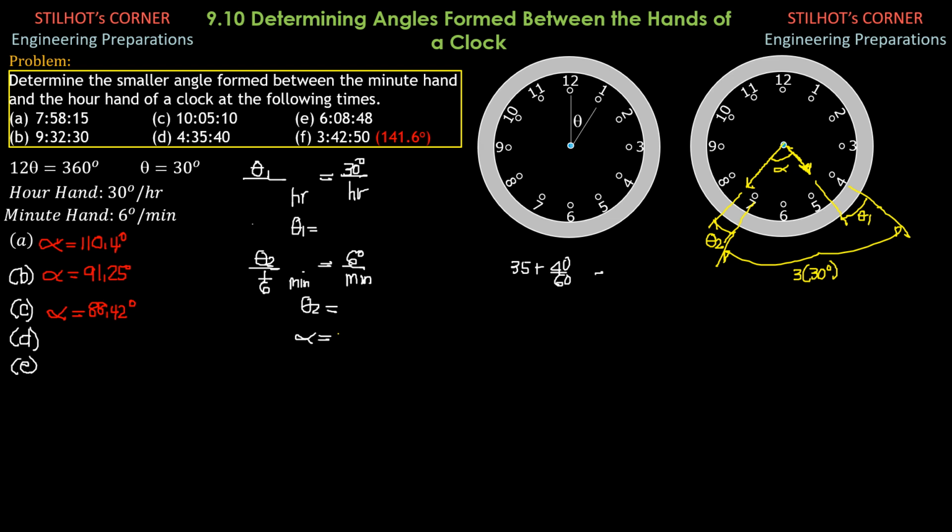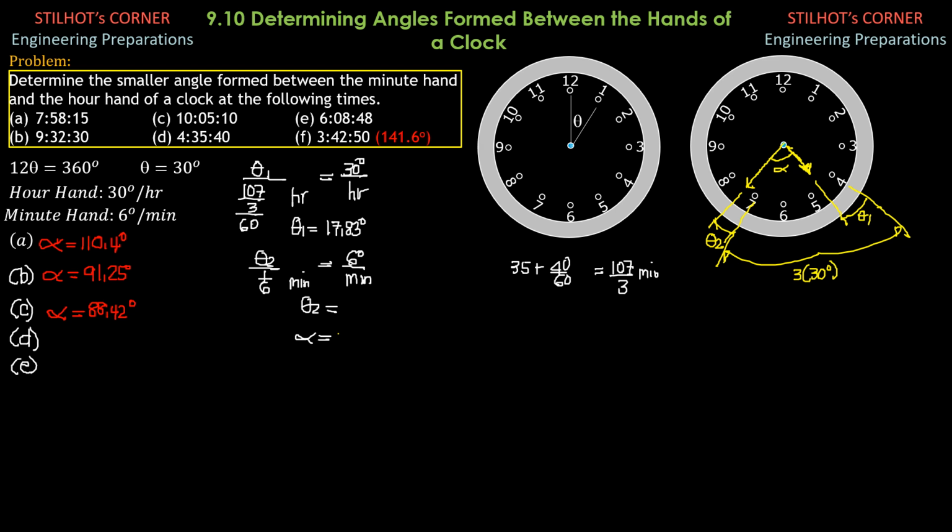That corresponds to 107 over 3 minutes. So converting that to hour, we divide this further by 60 so that we can solve theta 1, divided by 60 times 30. In degrees, 17.83 degrees.